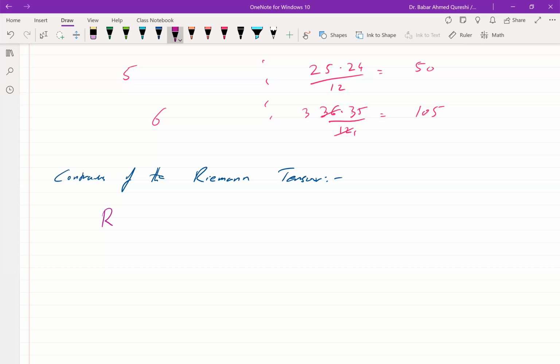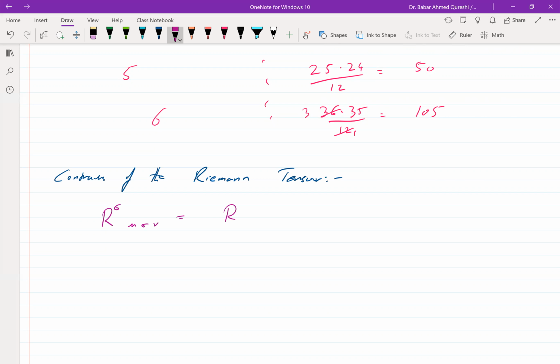So for example, what you can do is contract these ones. You have the first one, and second one, and then you contract the third and the first.